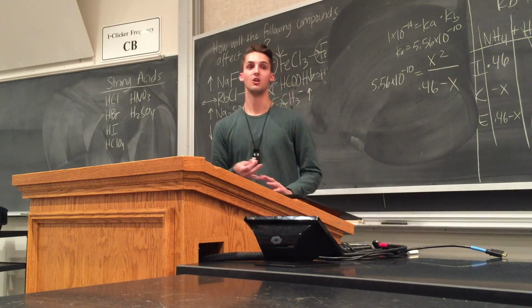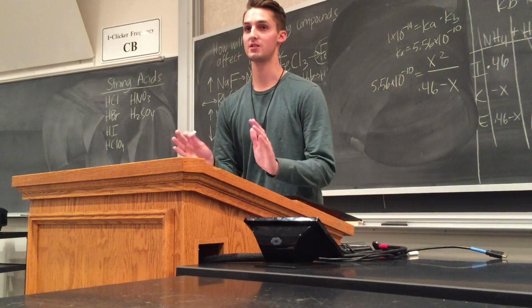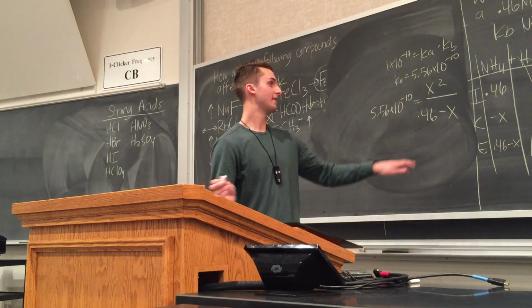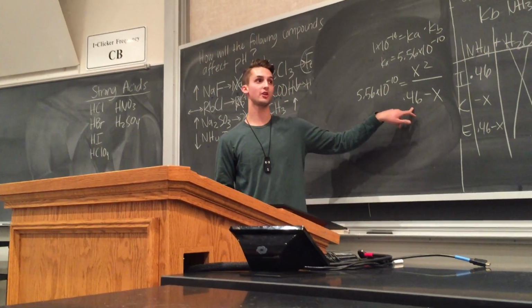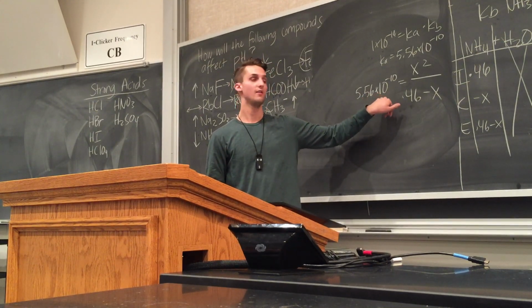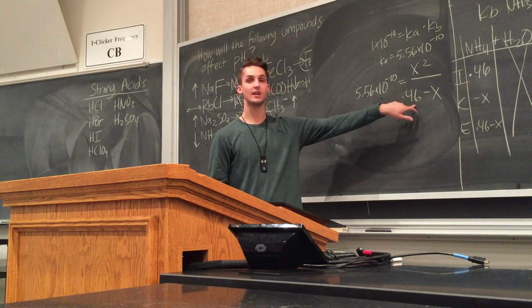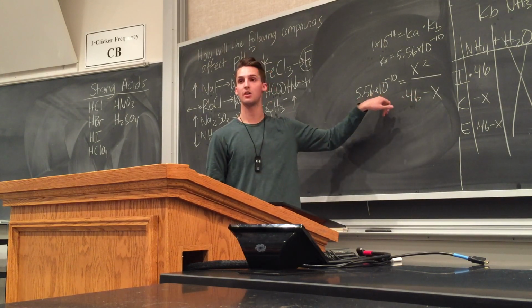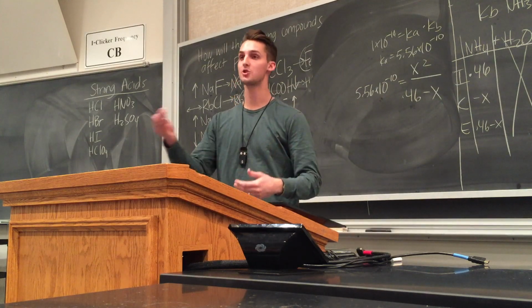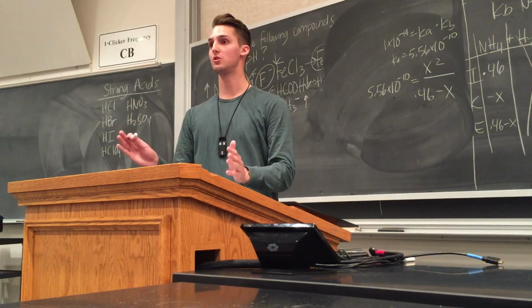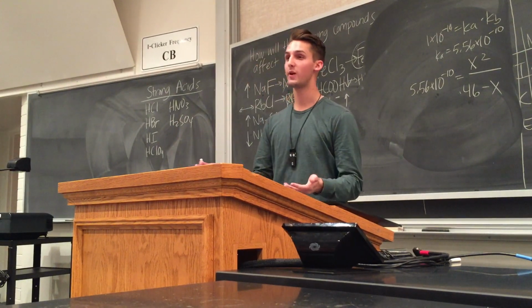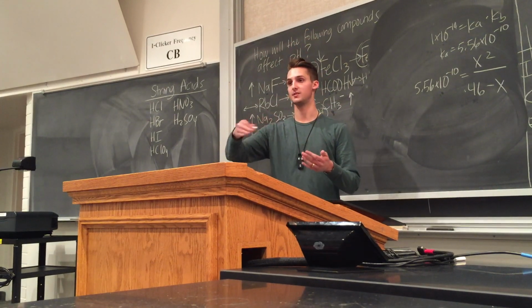Okay, so you can use the assumption rule when the difference between this initial concentration and your K is greater by a factor of 1,000 or more. So if you take the bigger number and divide it by the smaller number, and you get a number that's larger than 1,000, you're good to do the assumption rule. The other easy way to look at it is 3 decimal places.